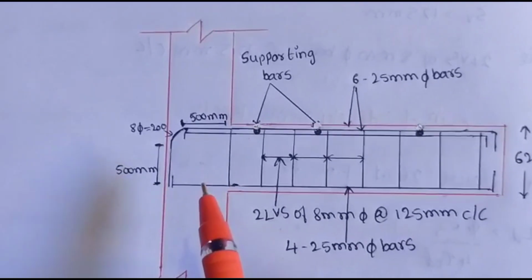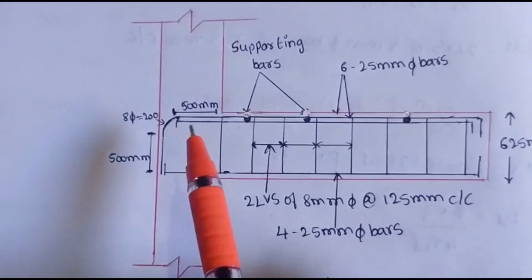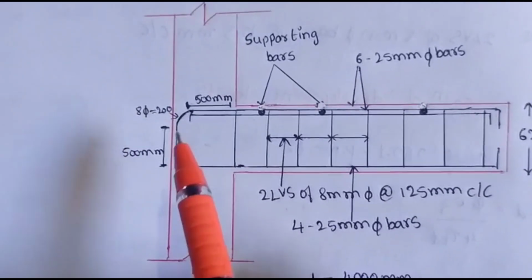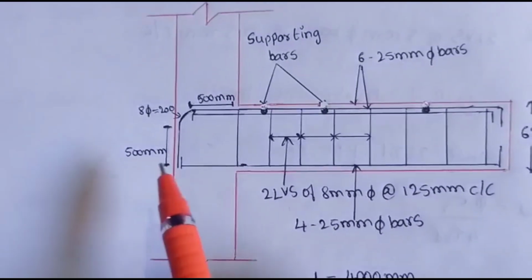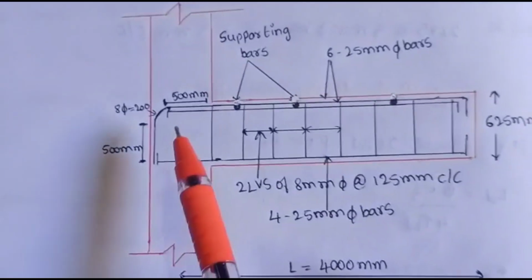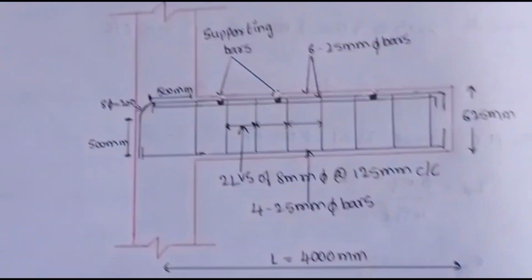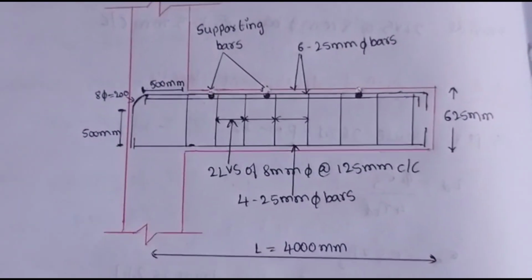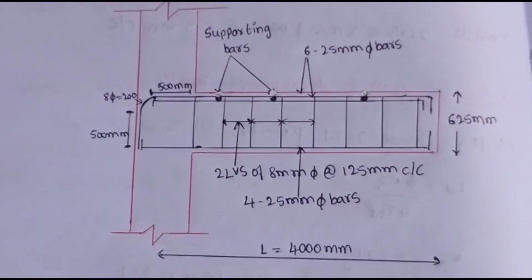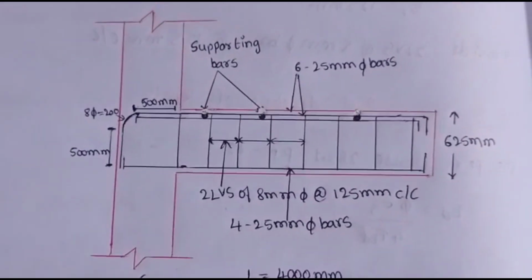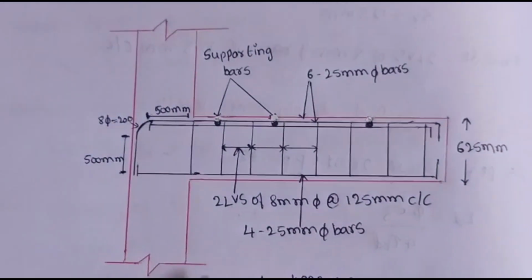So we extend it, bend it at 90 degrees, and again extend it 500 mm. So our total length is 1200 mm, which is our development length. This is the reinforcement drawing of our cantilever beam. I hope you all have understood.